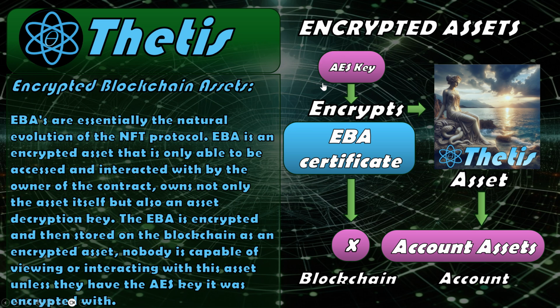So we have our AES key here. It encrypts this asset. That creates an EBA certificate, and that certificate is then signed to my blockchain. It becomes a block on my blockchain. At the same time that this gets encrypted and put onto my blockchain, which is then compressed, this gets scrambled and nobody can access it anymore, and that gets put onto the account assets and onto my account.